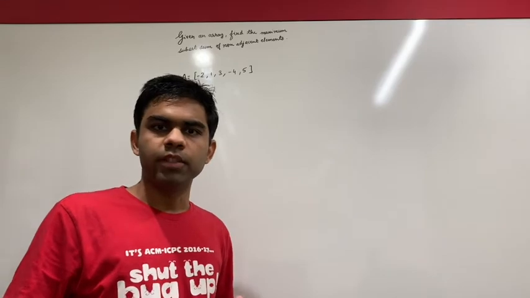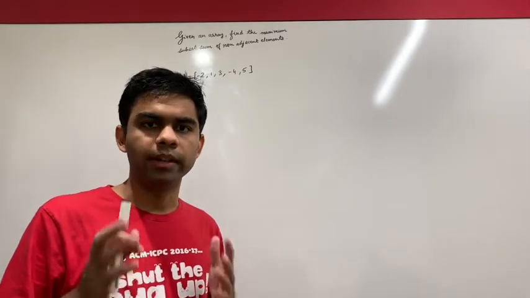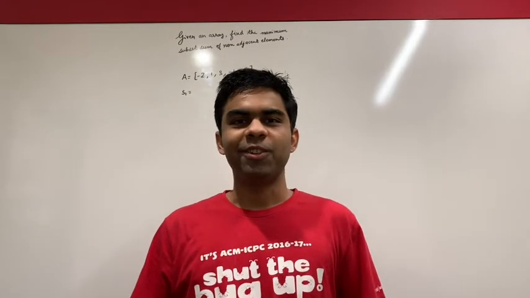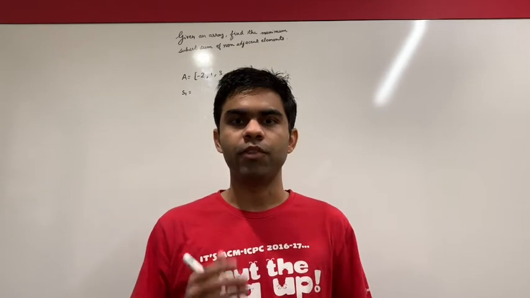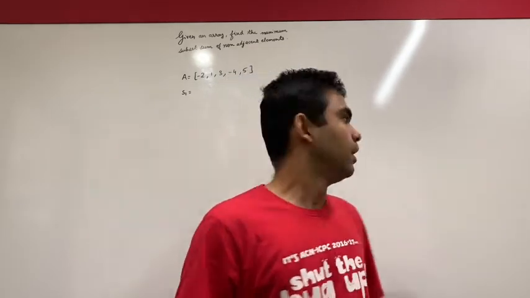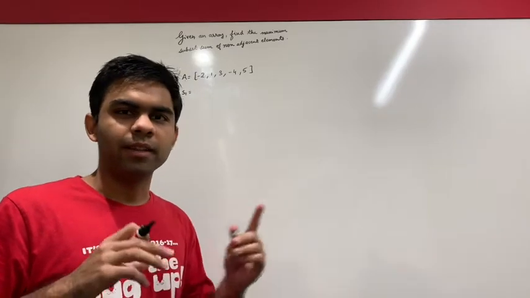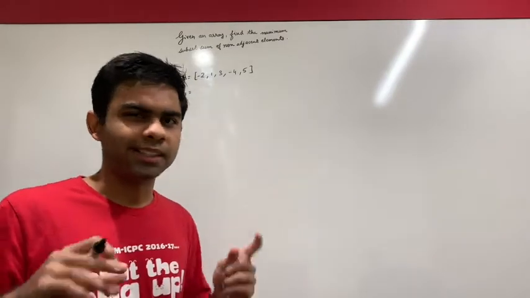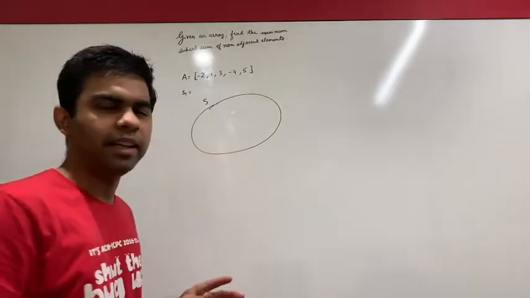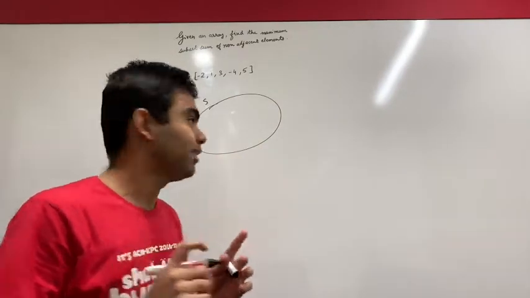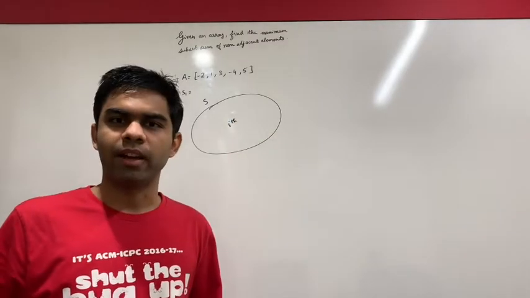So before discussing any solution or any approach to solve this problem, I want you guys to give it a try. So I hope you have tried your best. Now let's try to figure out all the possible subsets and let's try to find out the maximum subset sum. So for the given array, suppose I choose the element at the ith index, this is my subset S. And if I choose any element at the ith index, then what constraint do I have?